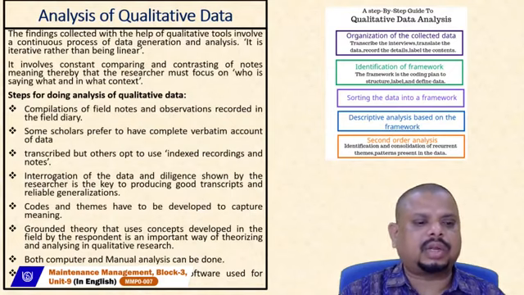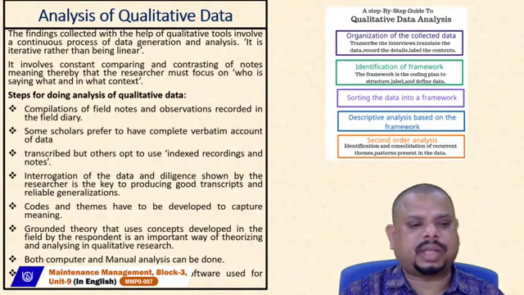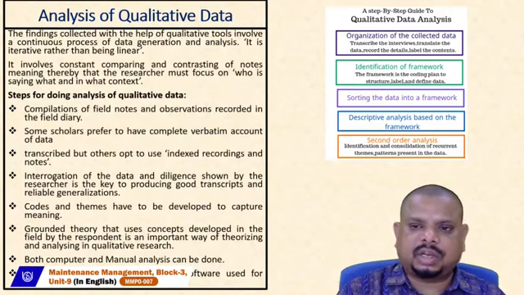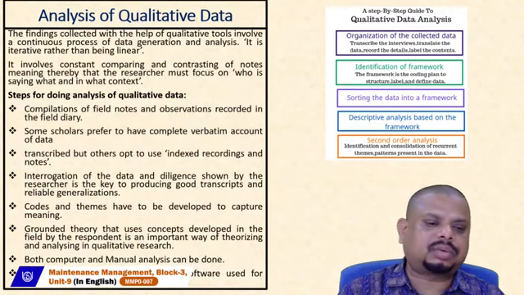Then interrogation of data and vigilance shown by the researcher is the key to producing good transcription and reliable generalizations. Then data should be converted into codings, and this is based upon the themes developed to capture the meaning of your research.